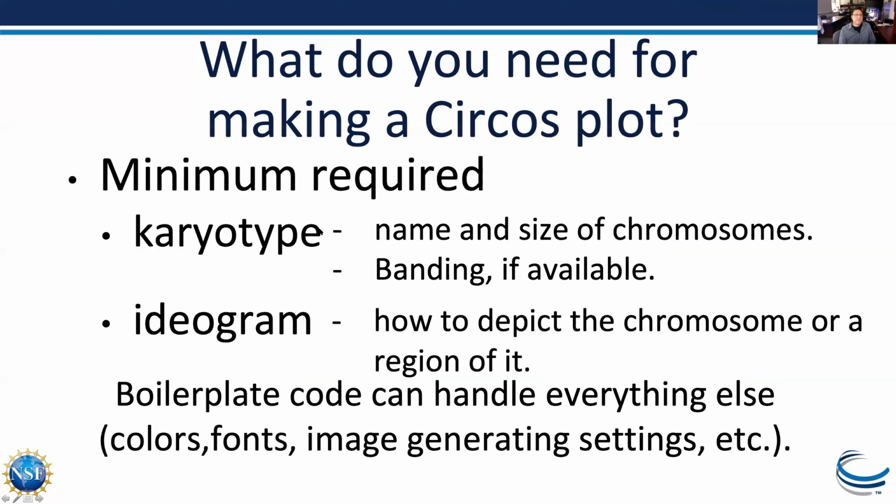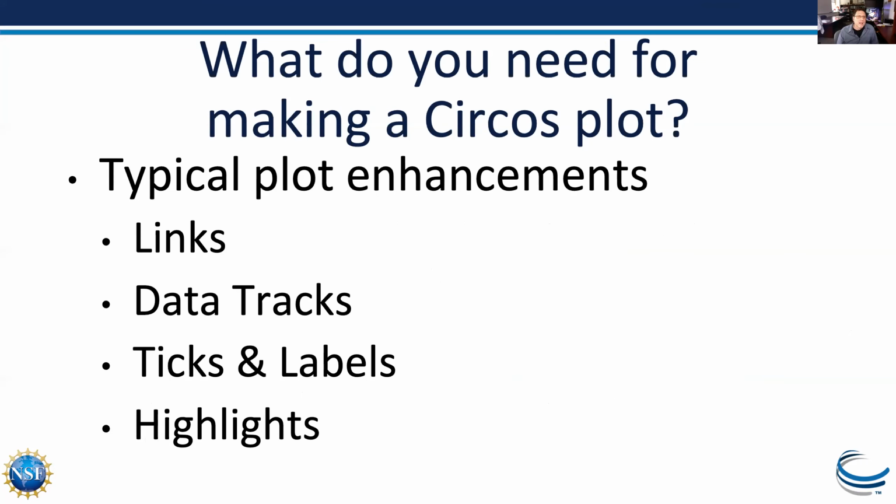The karyotype has the name and the size of the chromosomes and the cytogenetic banding, if it's available. And the ideogram just tells you how to plot that, basically. And why this is the minimum is because the boilerplate can basically take care of all the other information. But on top of that, you will usually want to enhance it with links, that we saw, that can show relationships, and data tracks, and ticks and labels, and different highlights.